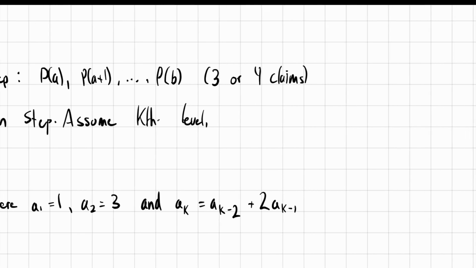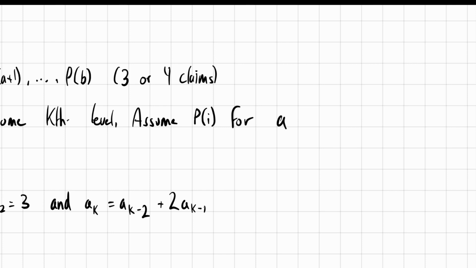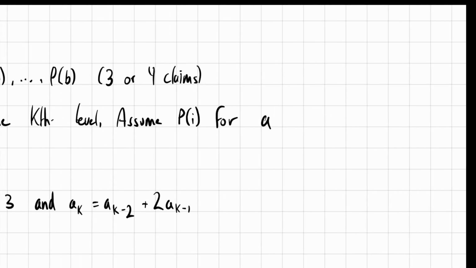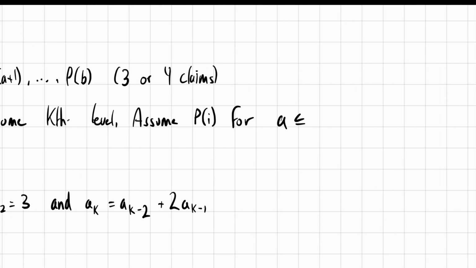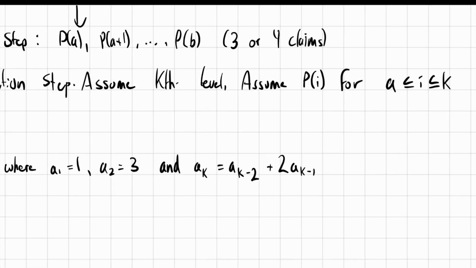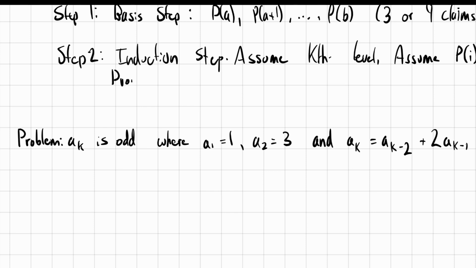The way we express that is through this index I. So we're going to assume P of I for a, whatever that integer up here is, less than or equal to I, which is less than or equal to k. I can be any of these values between your basis step and the kth level. So it's just everything up to k. And then with that, you prove k plus 1.